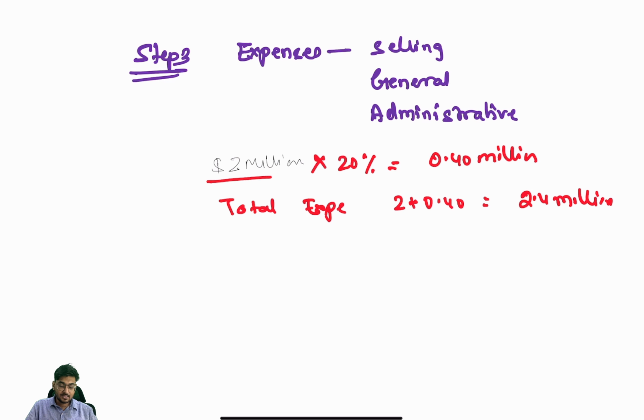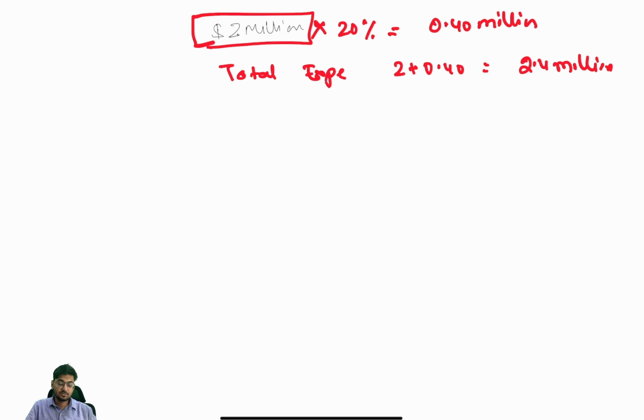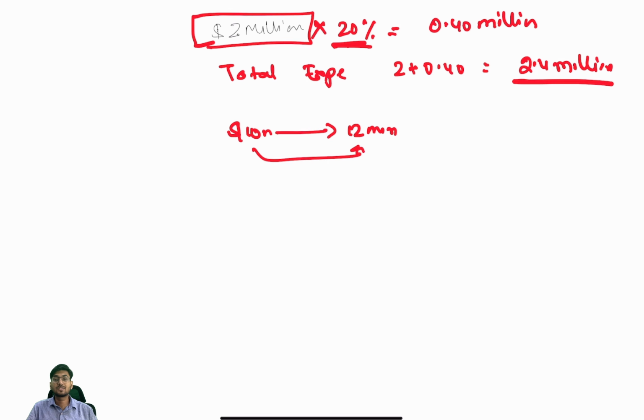I have this information from last year, that I have spent $2 million. Now I have to increase my sales from $10 million to $12 million. To achieve this higher sales, I have to spend 20% extra on selling, general and administrative expenses. So this is my new selling, general and administrative expenses.